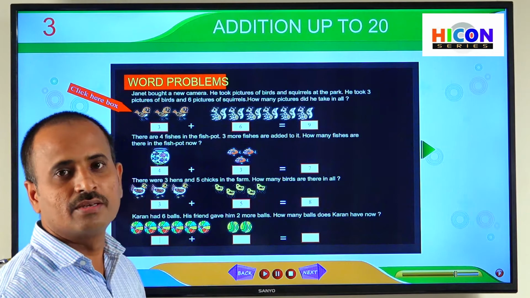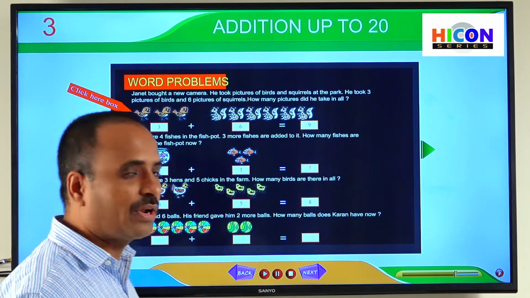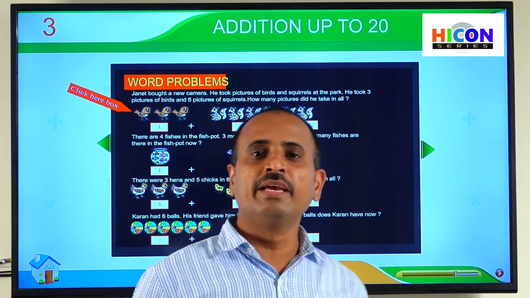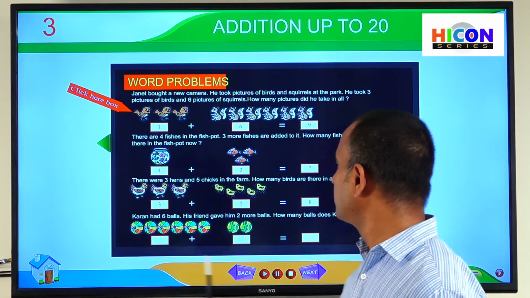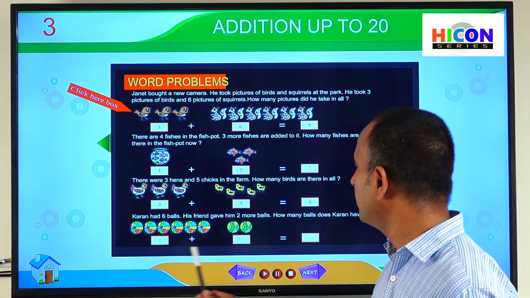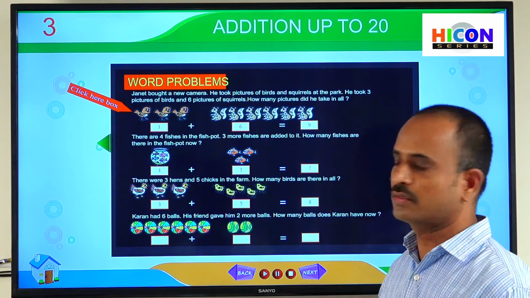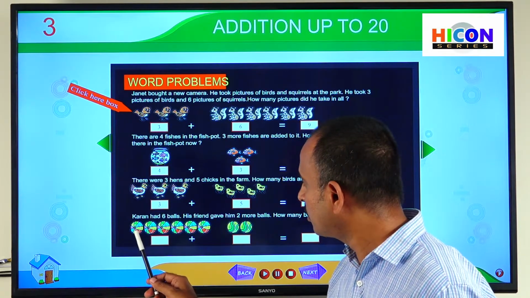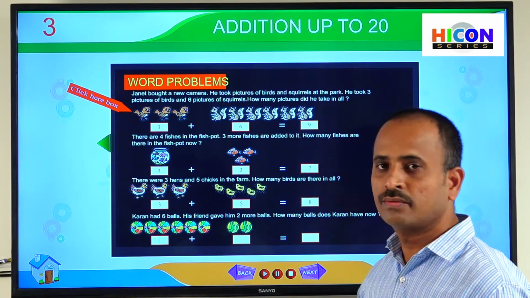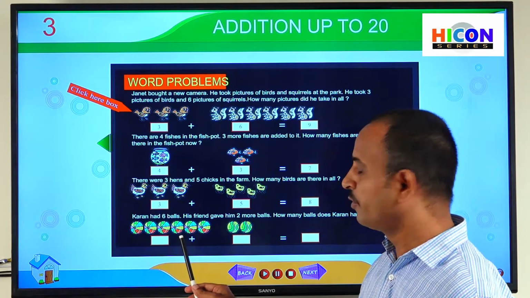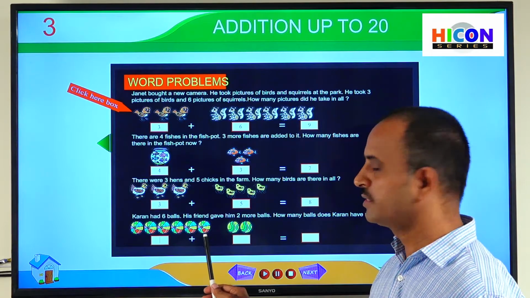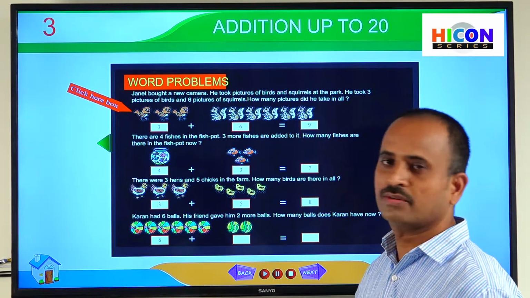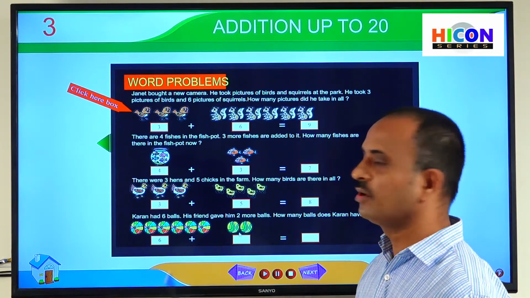So we can get the total number of balls by simply counting together all these balls. How many balls does Karan have? Let us start counting 1, 2, 3, 4, 5, 6. So write 6 in this box. So Karan has 6 balls.